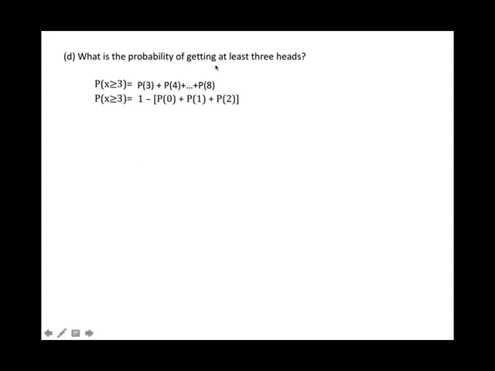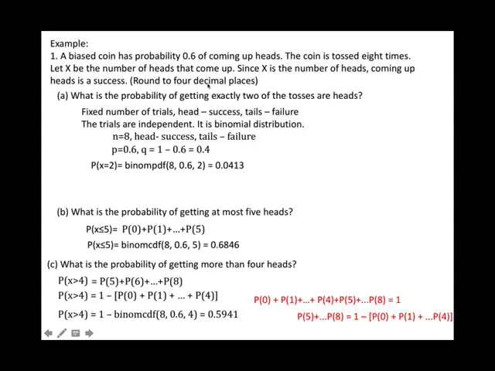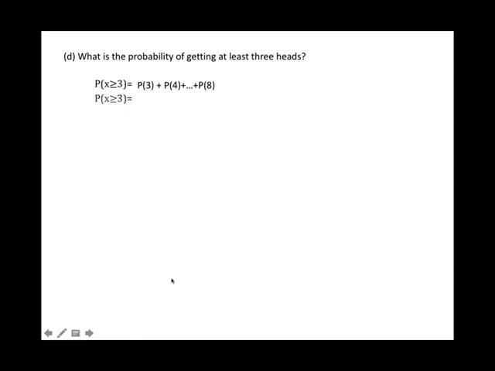So I'm going to do 1 minus P of 0, P of 1, P of 2. Okay, you could look at it as always starting like this: 0, 1, 2, 3, 4, 5, 6, 7, 8. Just like the previous one: 0, 1, 2, 3, 4, 5, 6, 7, 8. Okay, it's always in order.